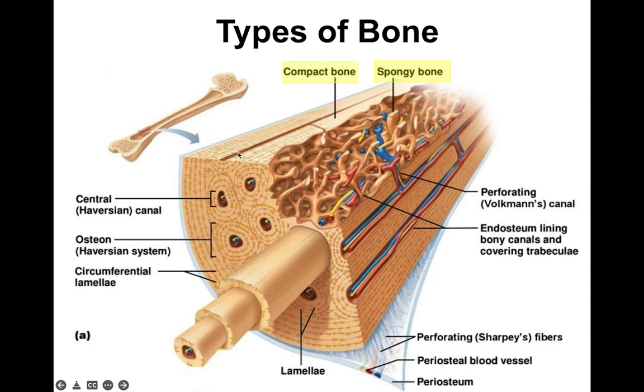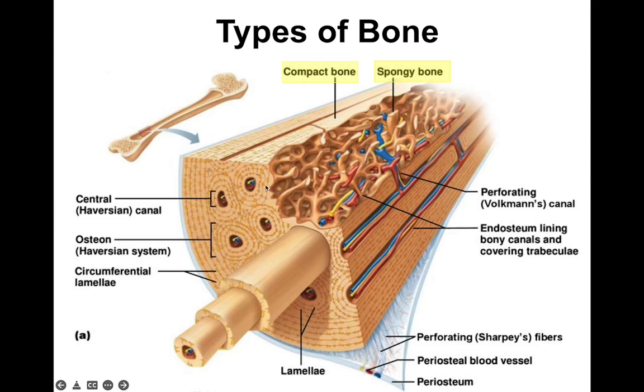Compact bone has a very organized appearance. It's composed of osteons. Osteons are cylindrical structures, and a single osteon consists of a central canal, or Haversian canal, and surrounding lamellae. The lamellae that surround the central canal are known as concentric lamellae.